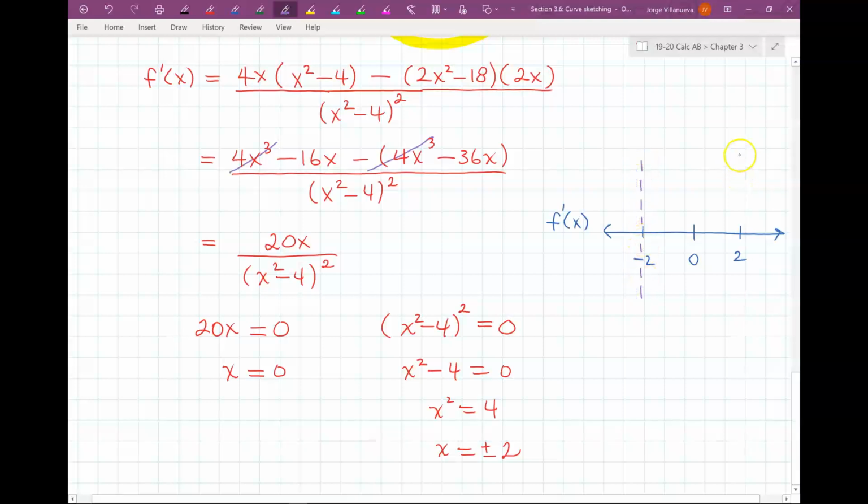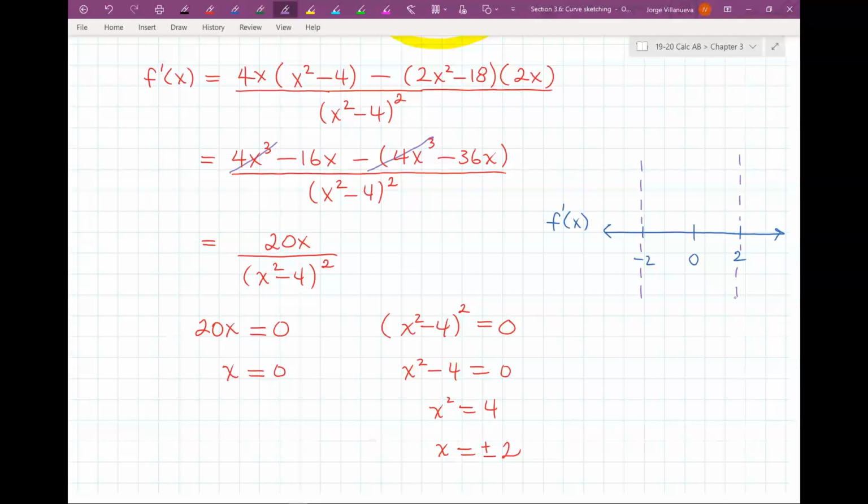Right at the negative 2 and the positive 2, I'm actually going to draw out my asymptotes. That way I know those can't be critical numbers because there's asymptotes there, but I can still test to see what happens. That's just something that I tend to do. You don't have to do it.